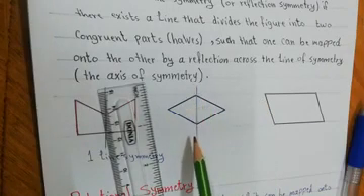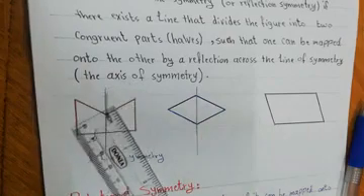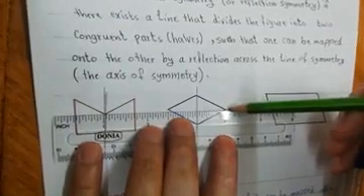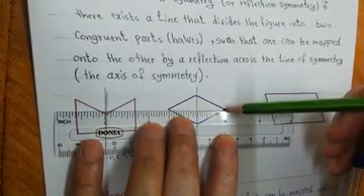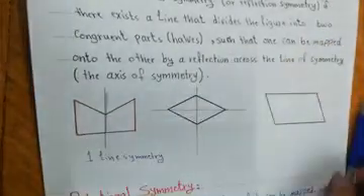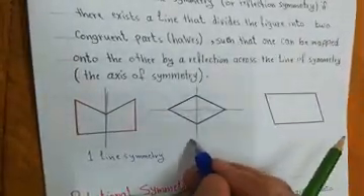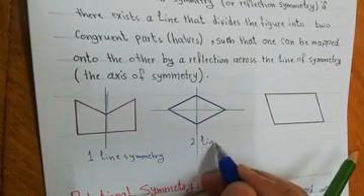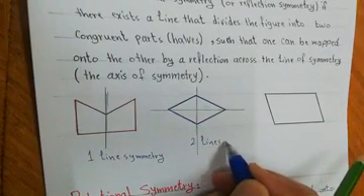So this is an axis of symmetry. There is another one, yes, the other diagonal, it's this one. So in this shape there are two lines of symmetry.